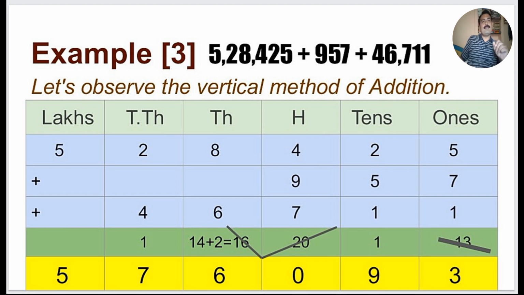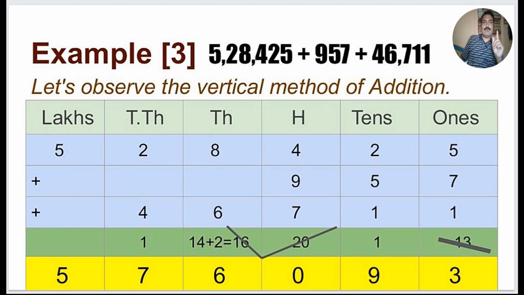Now the first number we easily write down here, 5,28,425. All digits go at proper places there. Now the second number we just arrange here, 957.